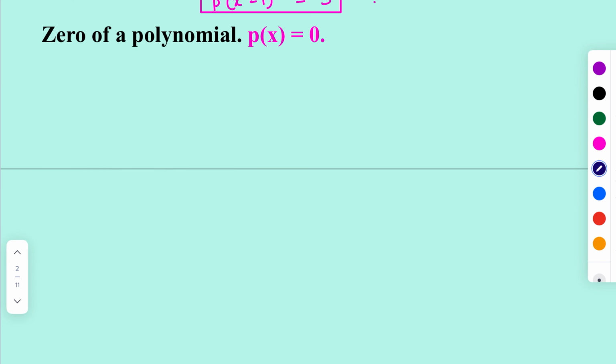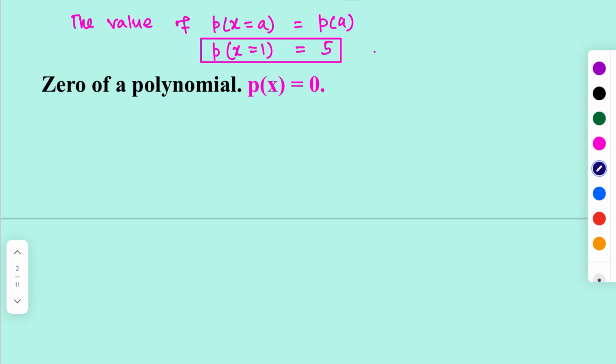Now zeros of the polynomial. We will again take p of x is equal to x square minus 8x plus 12, suppose.